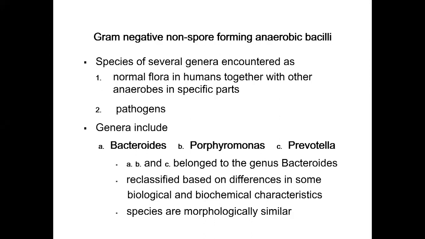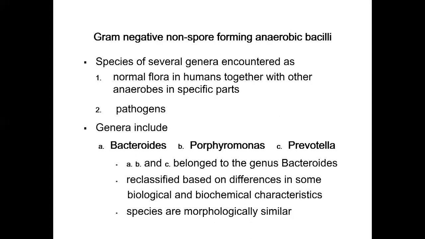Okay, the next group, now that we are finished with Clostridium species. They are gram-negative non-spore-forming anaerobic bacilli. Gram-negative bacilli do not form spores, so they can only be non-spore-forming.